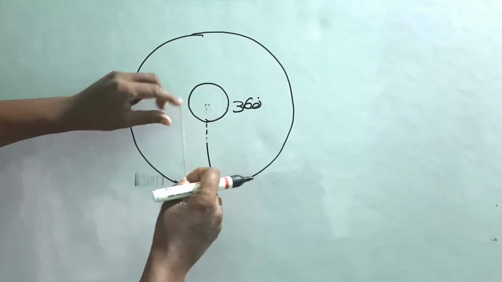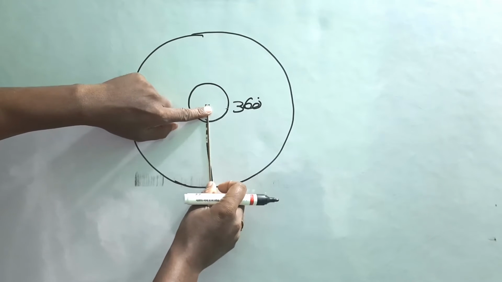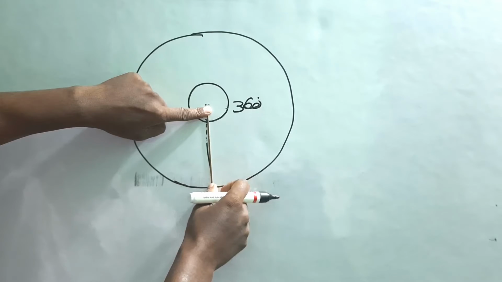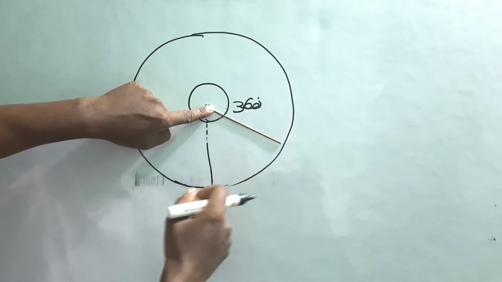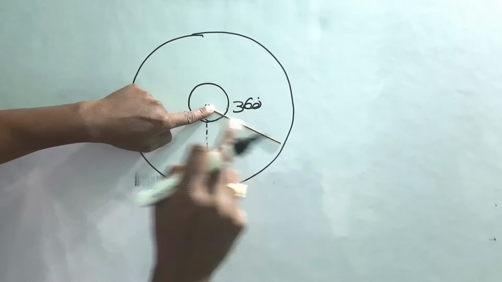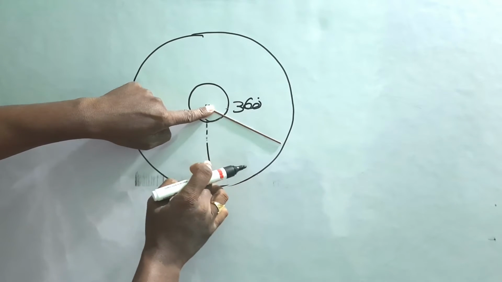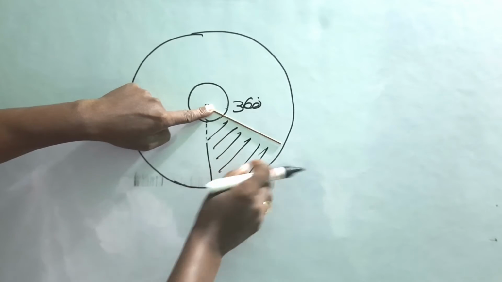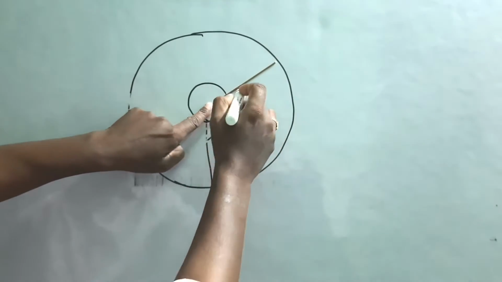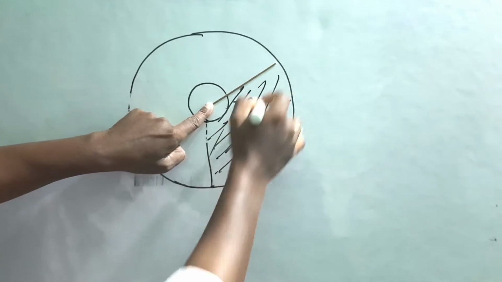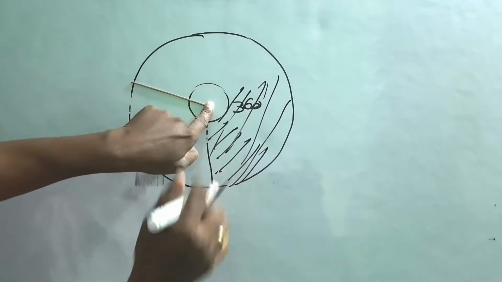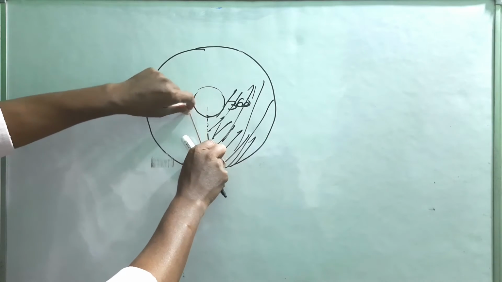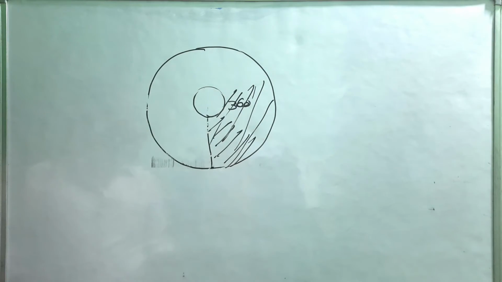Now look here, when this radius makes one complete rotation, how much area does it sweep during that time? Look here, from here to here, how much area has it covered? This much area. When it moves to this distance, how much area will it cover? From here to here. So in this way, when it completes one rotation, how much area does it cover? It is equal to the area of the circle.